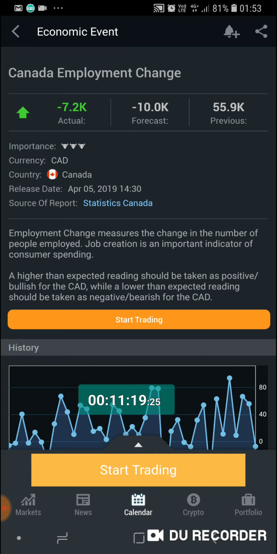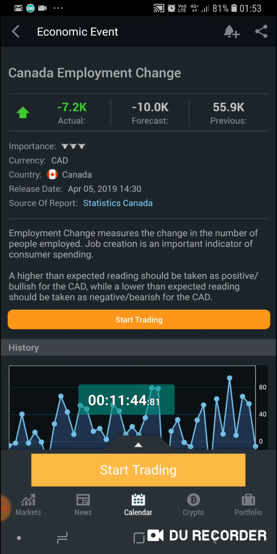So this event mainly focuses on the labor industry when it comes to employment, whether there were more jobs created this month, or whether there were fewer jobs created this month. So this is important economic data which can definitely affect the affected pair at that very same moment.